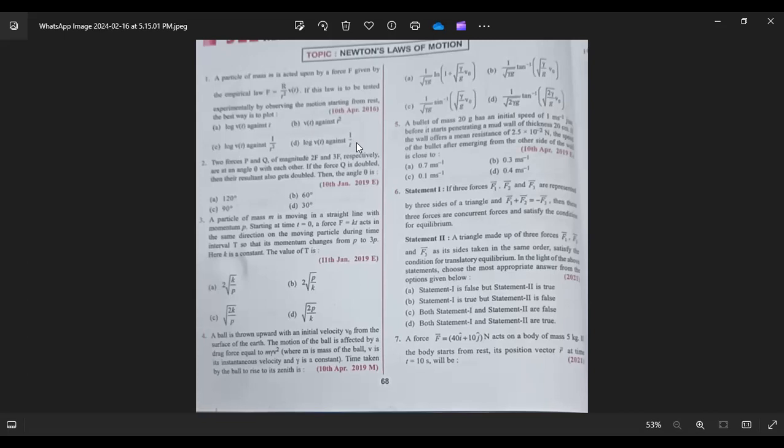How to find the right solution means you can calculate.